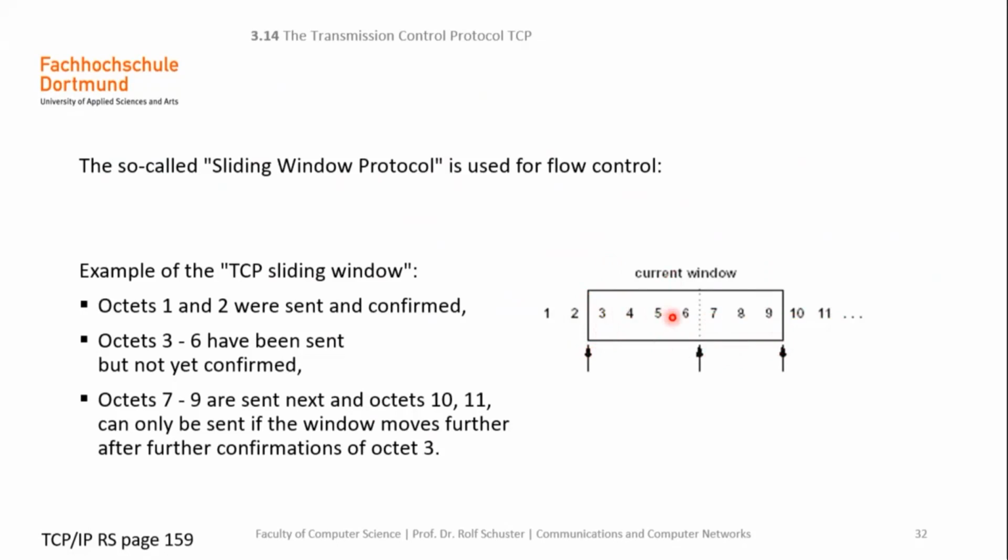And this amount of data in octets that we could send without receiving confirmation is called the window size. And each time we receive confirmation, this window will be shifted, and we will be able to continue transmitting the other octets. That's why we call this mechanism sliding window.